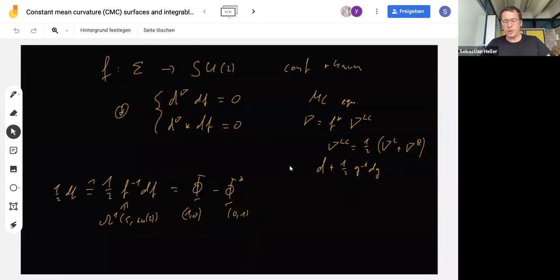But now, due to the fact that d nabla of this phi and d nabla of this phi star is also 0, I can do the following observation. This is the important observation here: it is flat for all lambda in S1, and I write plus unitary. So let me first prove that.